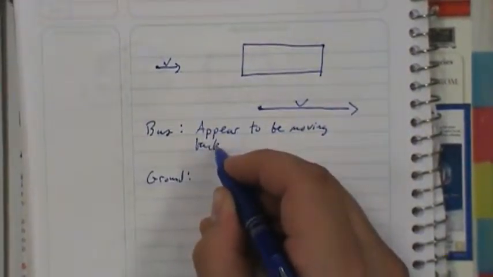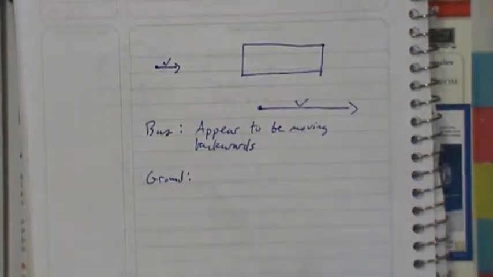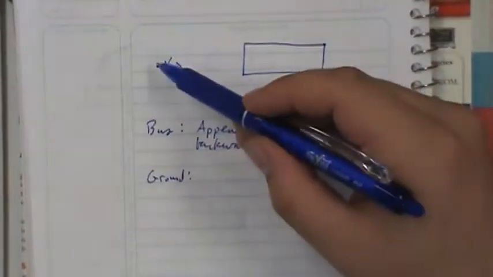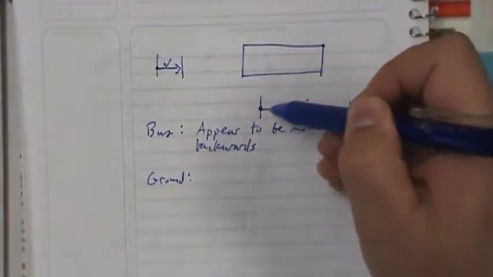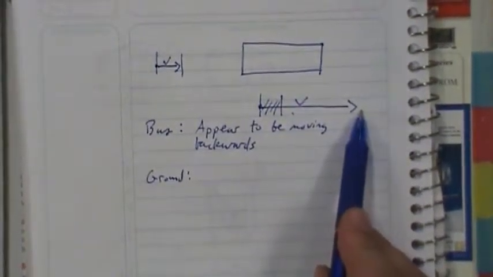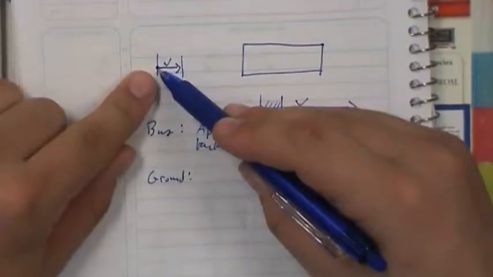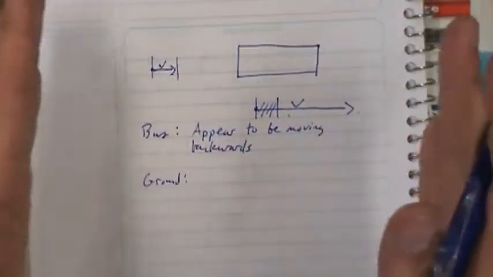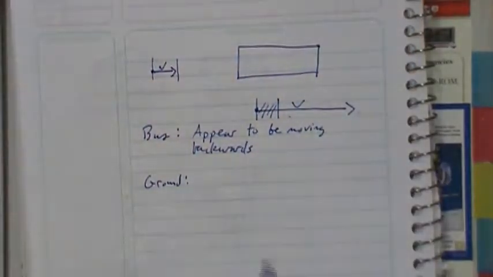This is simply because the bus is moving forwards faster than this person is moving forwards. And so think of this vector as canceling out part of this one. You still have a lot left over, which means if you were to imagine this person as being stationary and the bus moving forward with this much velocity instead of this much velocity, it's still moving forwards. And you appear to be getting further and further and further away. Why? Because the distance between you is increasing.